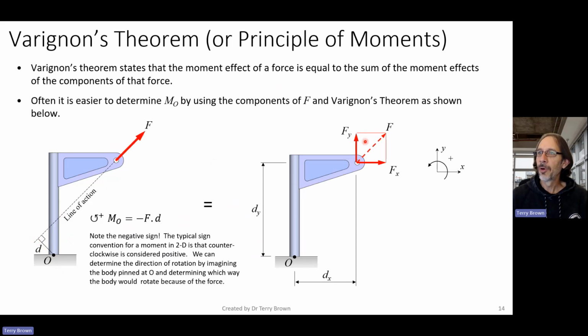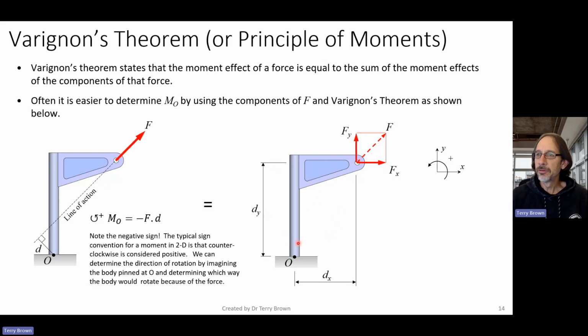Okay, so as I said, it's often easier to work this out by using Varignon's theorem, and we do that by resolving or breaking this force up into its components along directions that are convenient for us to do the calculations of the moment. So in this problem, typically you would know from the design of this structure what the height of this is, how far this application point is away from the base.